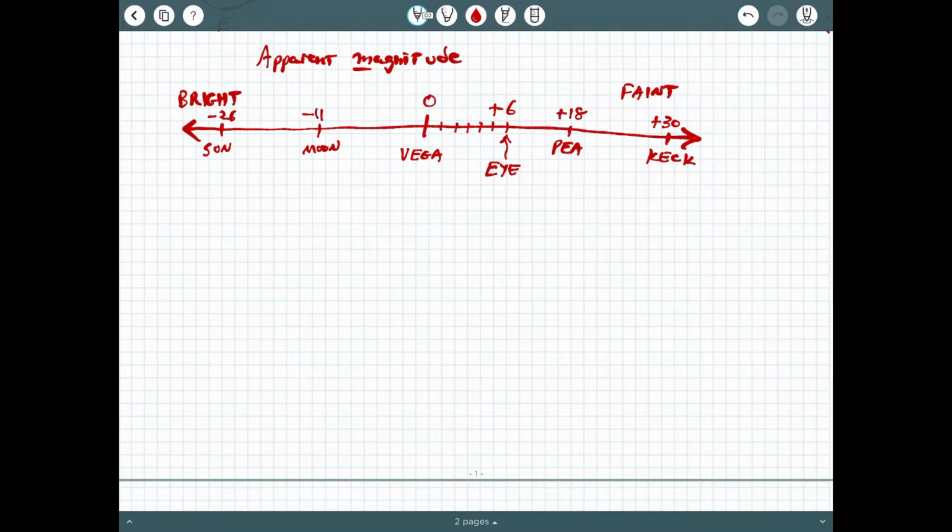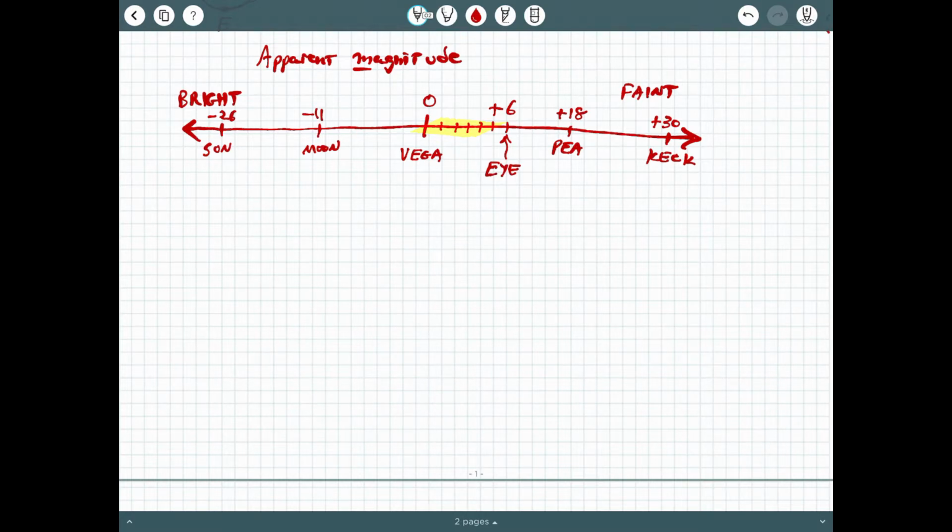The mathematical relationship here, of course, was created by Hipparchus's eyeball, and it wasn't until the mid-19th century that people decided that they really needed a better mathematical way to break this down, be a little bit more scientific. They decided that a range of 5 magnitudes would be equivalent to a brightness increase of about 100 times. And then they decided that would be the way to go, so they made it precisely 100 times.